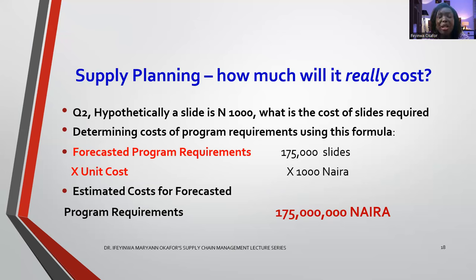And we are told that the unit price is 1,000 naira. So when we multiply 175,000 slides times 1,000 naira, we have the amount that we need to procure the slides needed for the program. And the amount is 175 million naira.